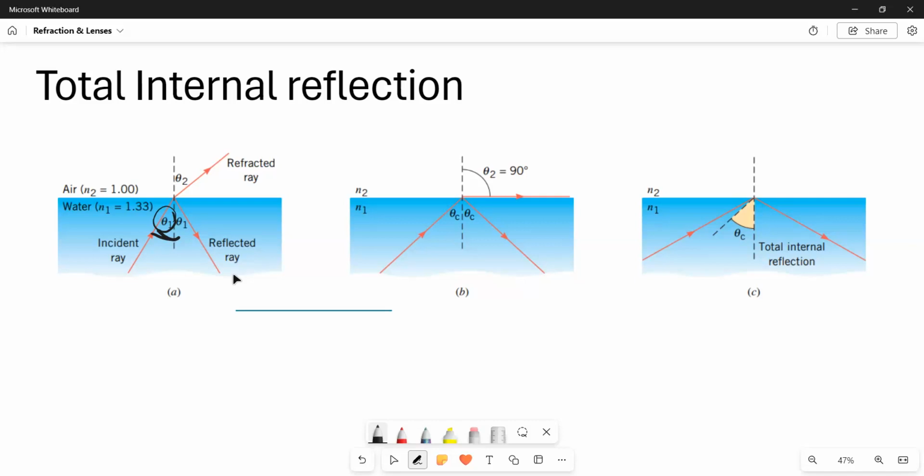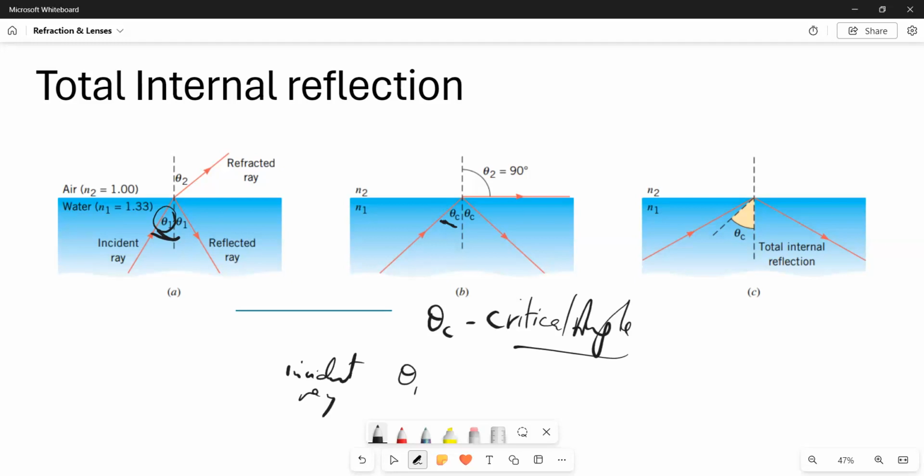When that happens, this angle here, theta C, is what we call the critical angle. Every material will have a critical angle, where anytime the incident ray, theta 1, is greater than theta C, which is the critical angle, something called total internal reflection happens.